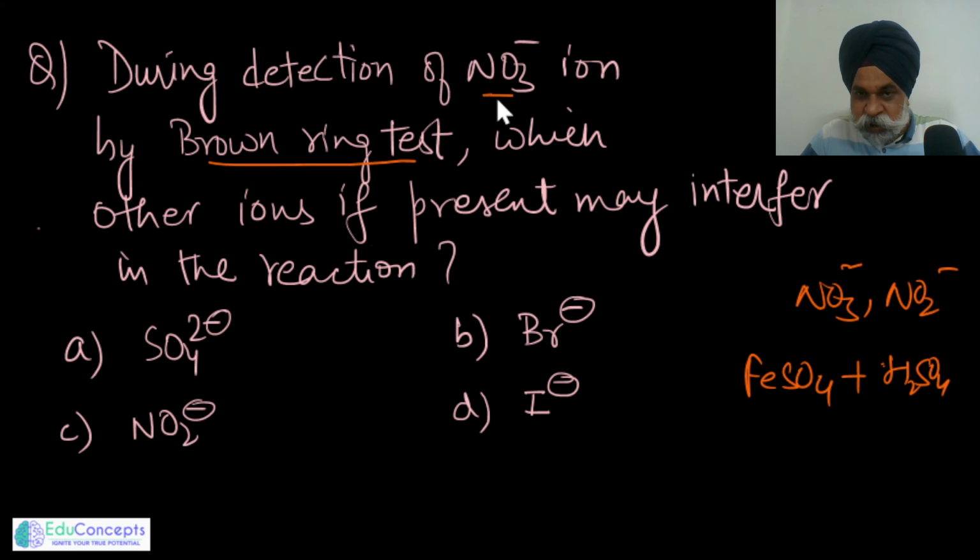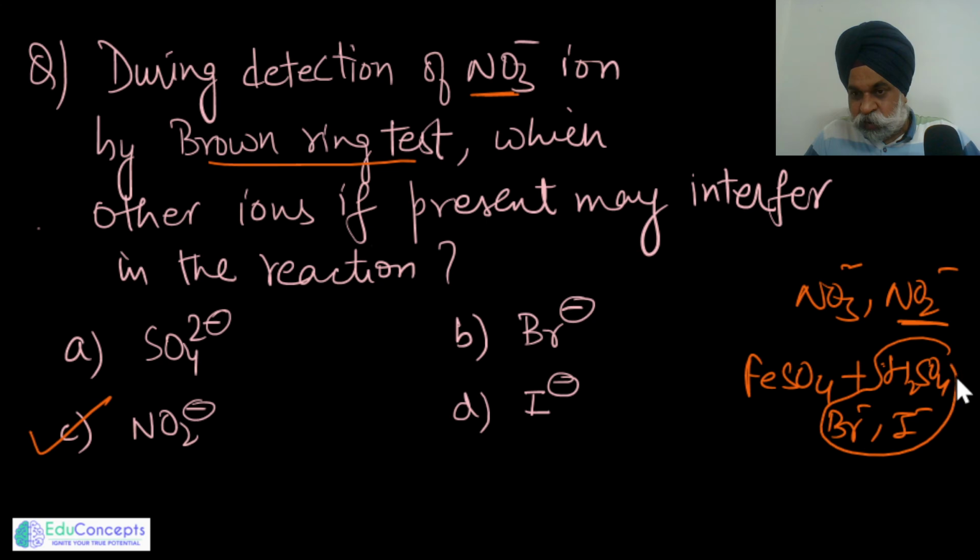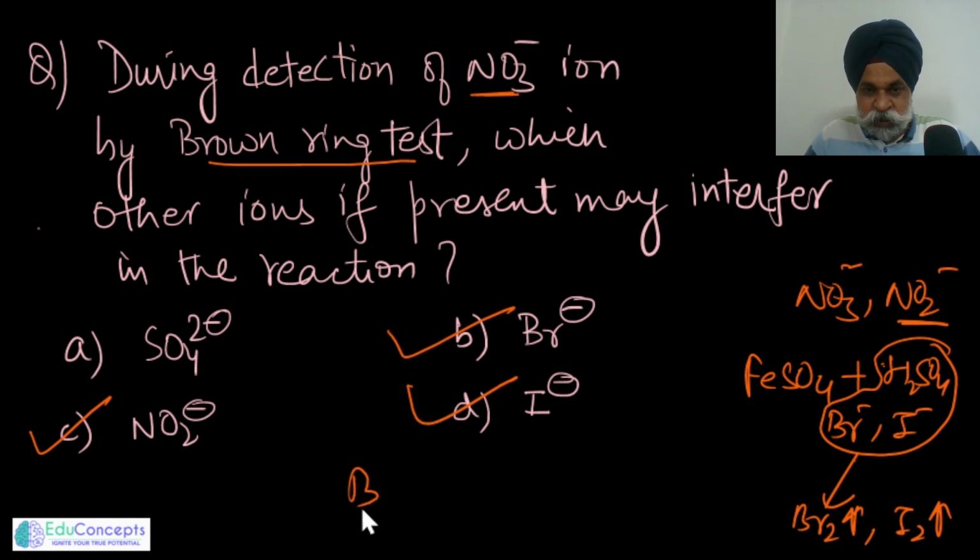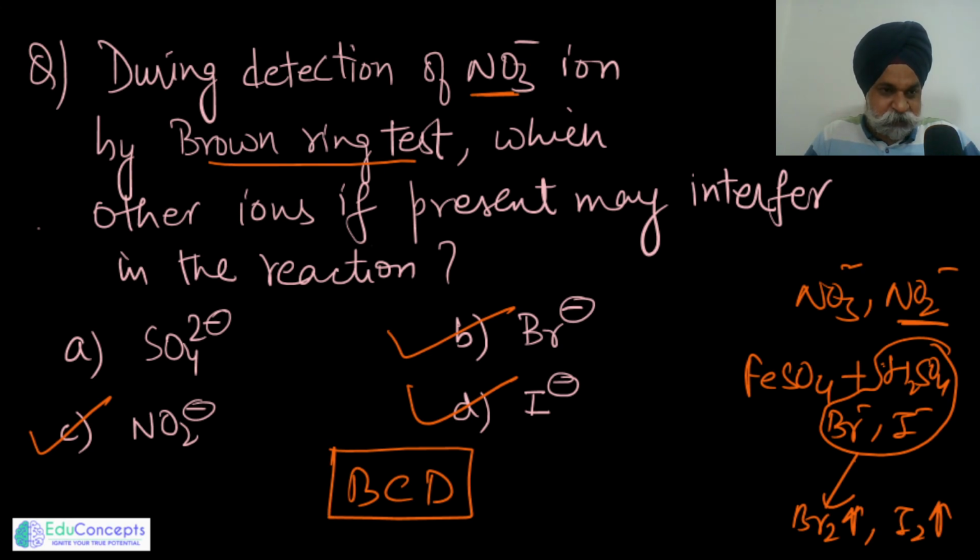So if you are detecting nitrate, nitrite would be the interfering thing, and if bromide and iodide are also there in the system, then this sulfuric acid would oxidize them to generate bromine and iodine, which would have some color. So these would be the interfering ions. So B, C, D would be the right answer to this particular question.